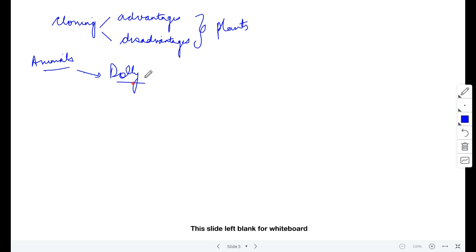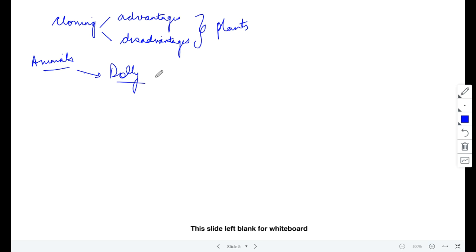You remember? So through this Dolly we can in fact get whatever desirable characteristics we want. If we wanted a specific characteristic in the sheep, we can do that also.